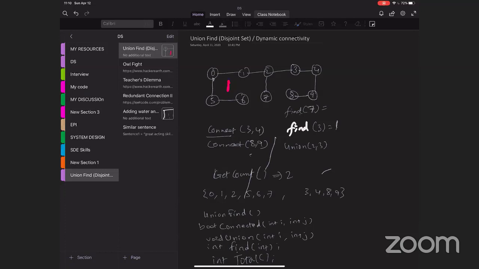Every time you have to answer, you don't want to go through the whole structure again and see whether they are connected or not, right? You have a predefined structure that you can keep evolving, and every time you evolve it, it is O of 1. When you connect two components, it is O of 1. When you ask whether they both are connected or not, it is also O of 1, kind of constant.